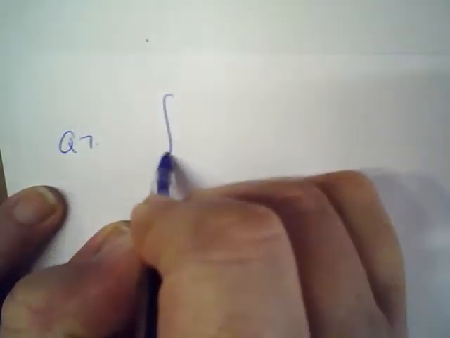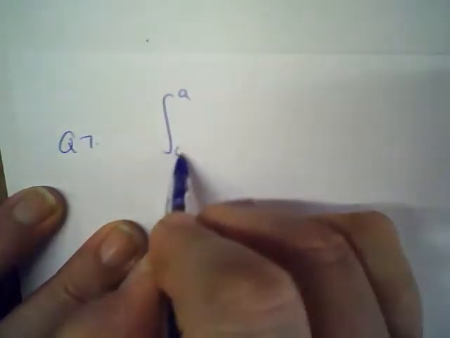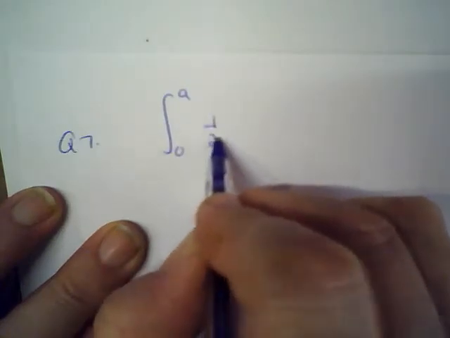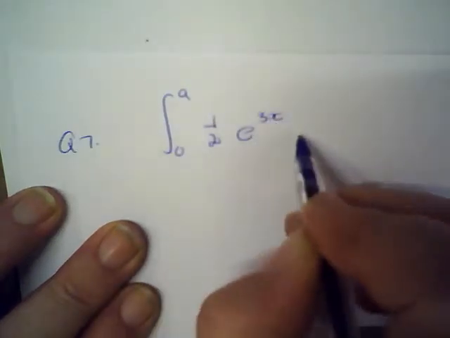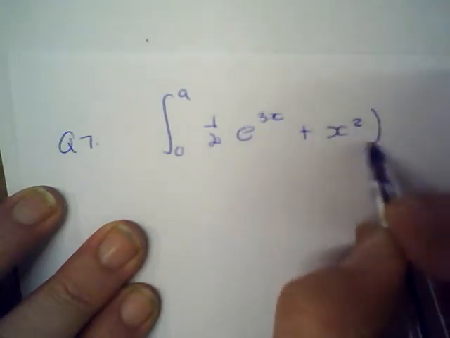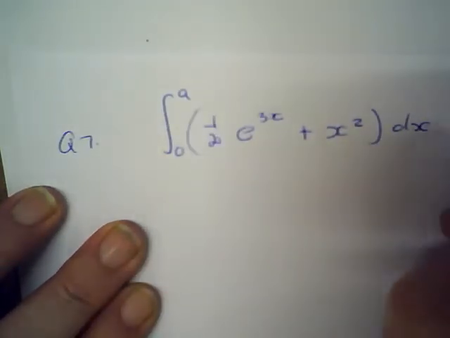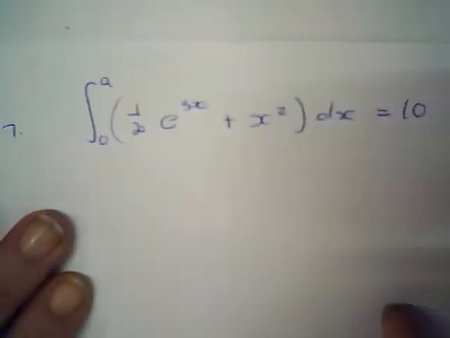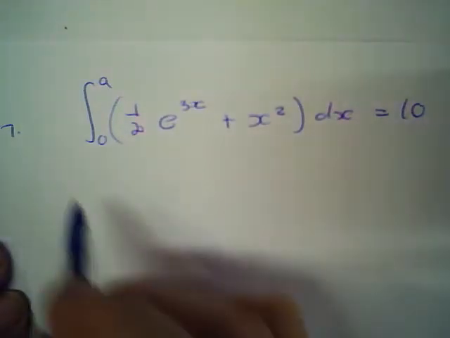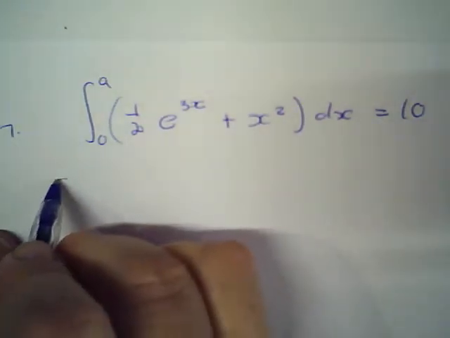Okay, so let's write down the question first. So the integral, upper bound a, lower bound 0, of a half e to the power 3x plus x squared dx. And if we take that integral, we will get 10. Okay, so let's start taking the integral.